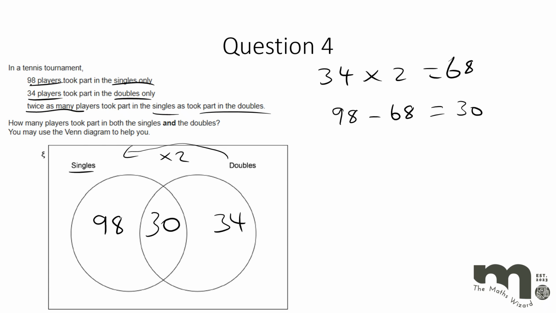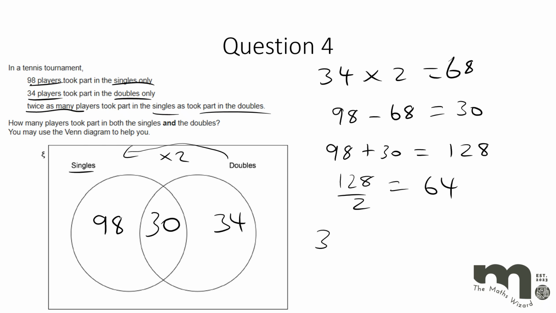Now, what we want to do is just check whether the singles circle is double the doubles circle. So let's try this out. So 98 add 30, it's going to give us 128. Half of 128 is 64. So that 30 and 34 have got to make 64, which they do.